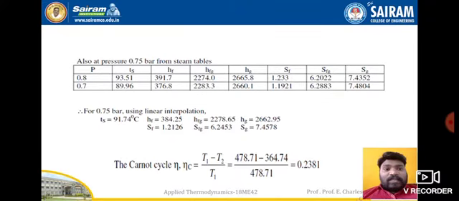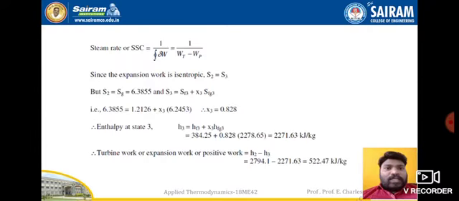How do we get 364.74? Because Ts is 91.74 degrees Celsius, and if you add 273, you get 364.74. Divided by T1, 478.71, the Carnot efficiency is 23.81 percent.